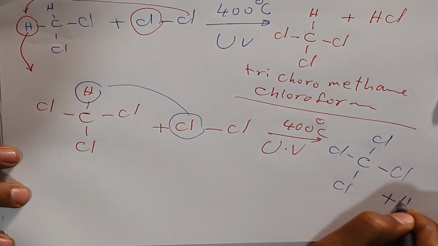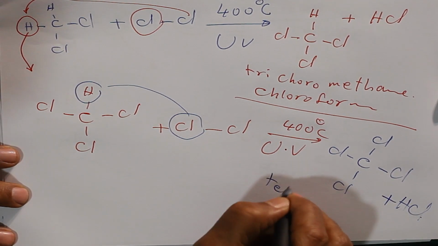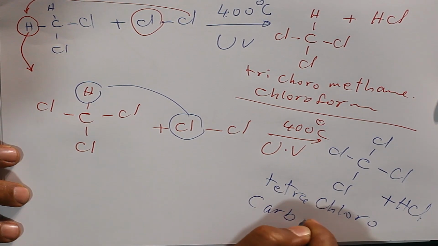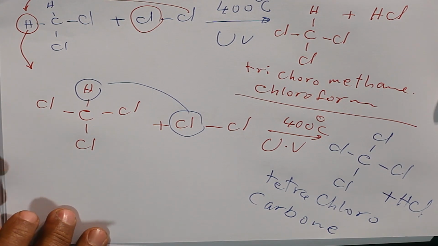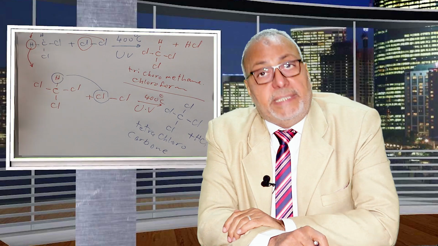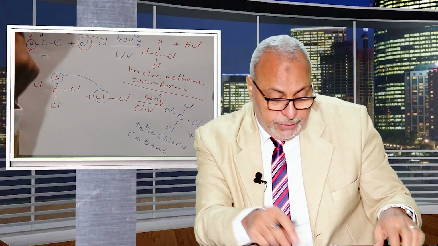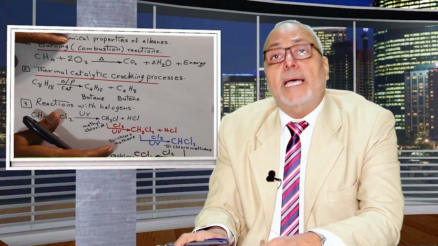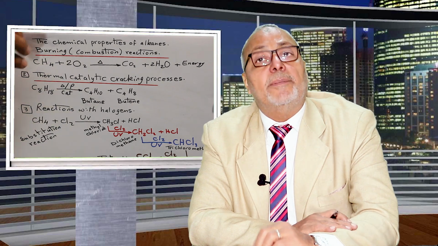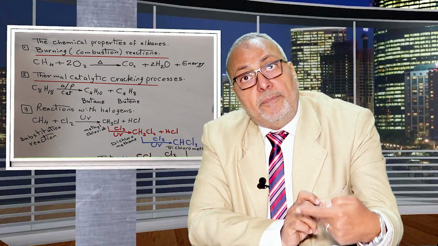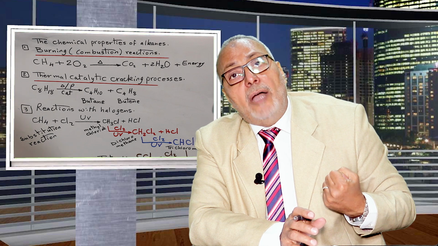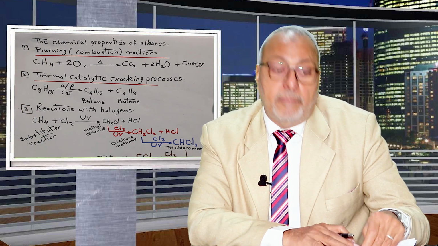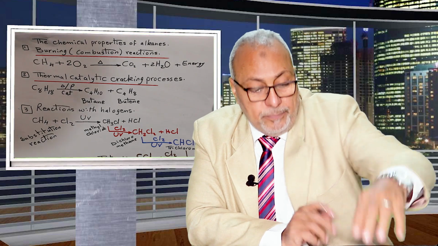It is very easy for you. Tetrachloromethane. This is the reaction of methane with halogens, with chlorine. The type of reaction is substitution reaction. We substitute step by step. A hydrogen atom goes out and a chlorine atom enters, replacing it in the molecule.